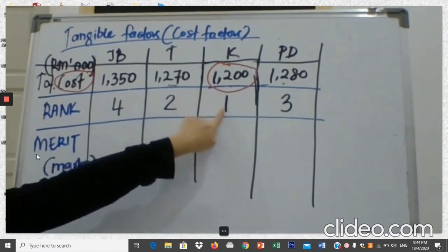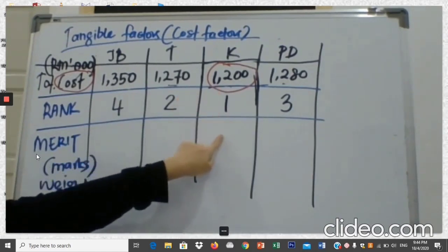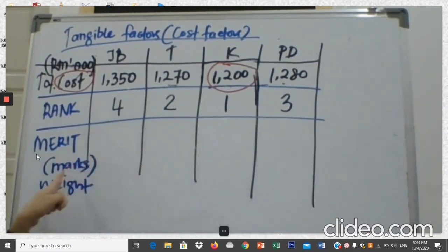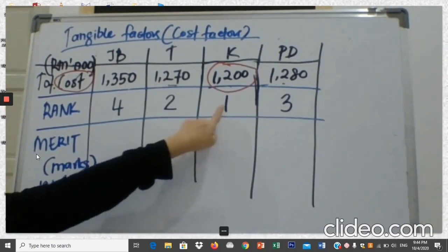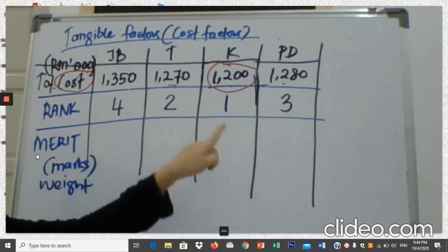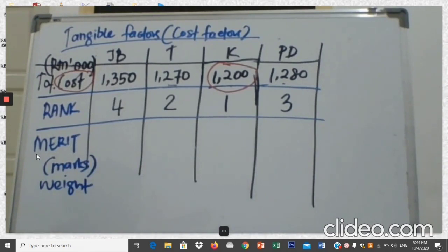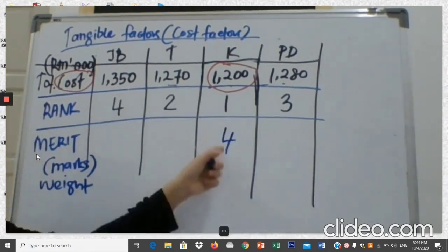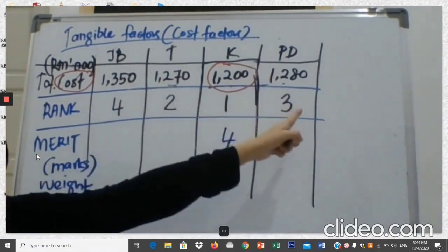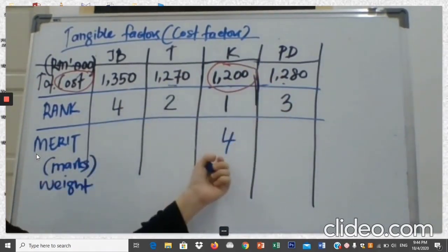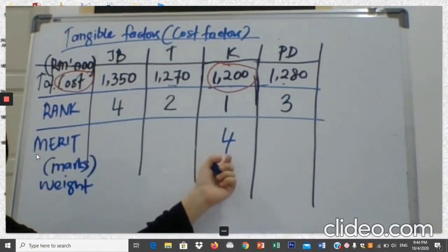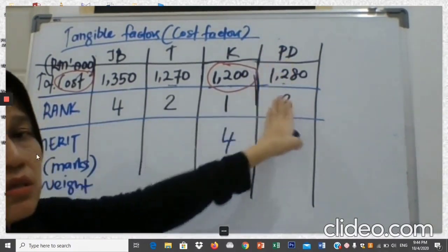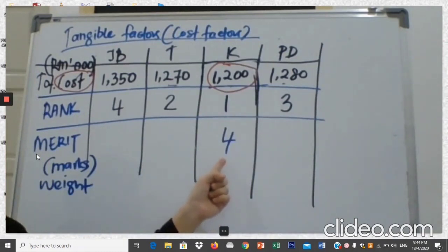Just now you assigned the best location with the lowest cost as rank number 1. Start with the first rank, the best, and assign the merit, which is the marks. Normally the one with the best rank number 1 must be given the highest mark. The highest mark here is 4. Why 4? Because we have only 4 locations. When we have 4 locations, 4 marks is the highest. If you have only 3 locations, then 3 is the highest mark.